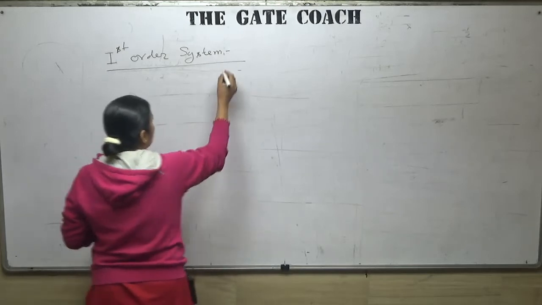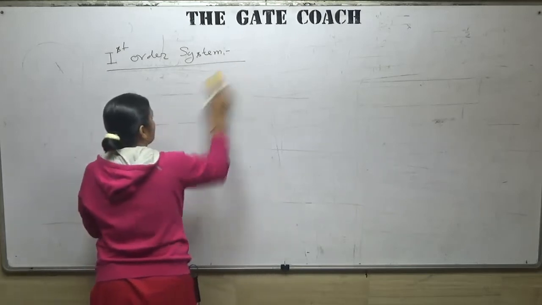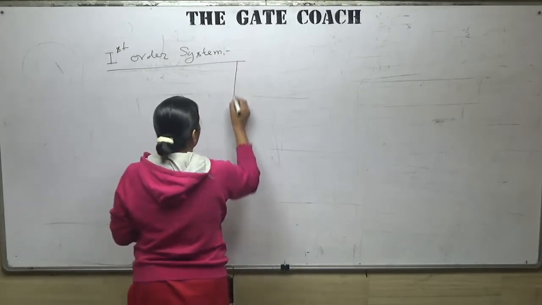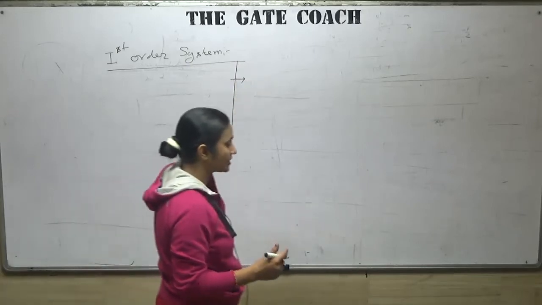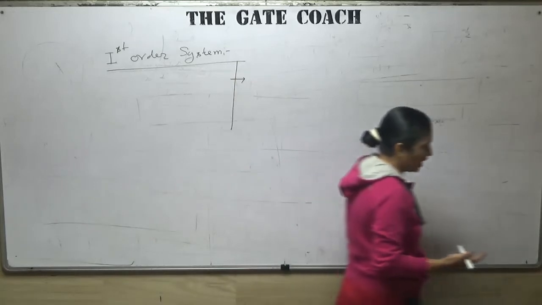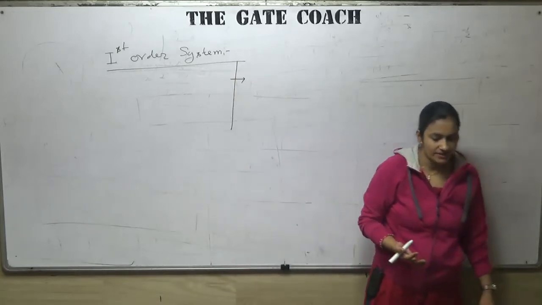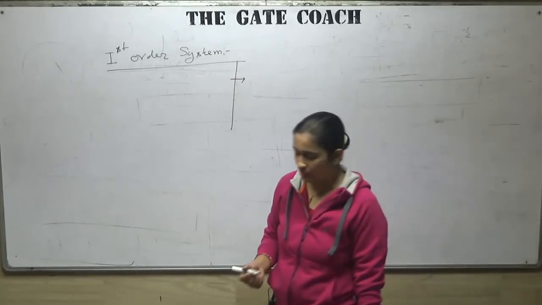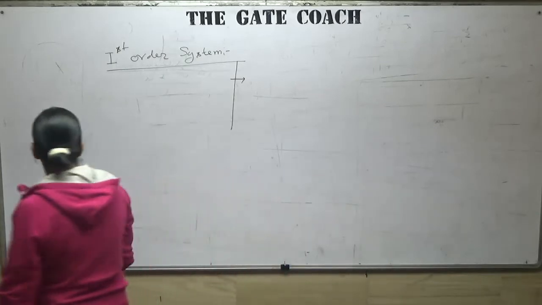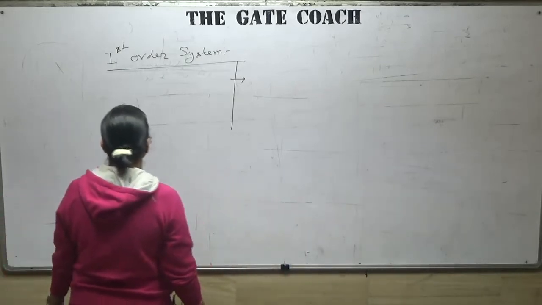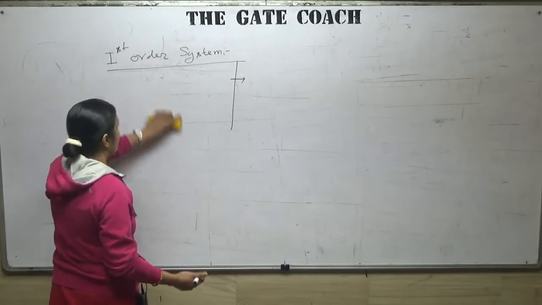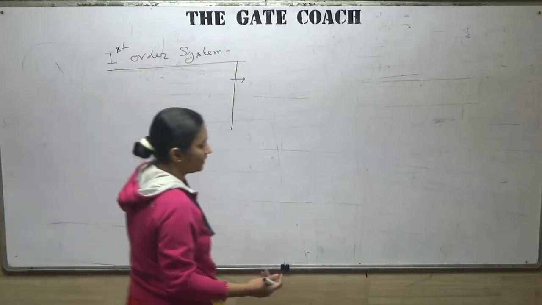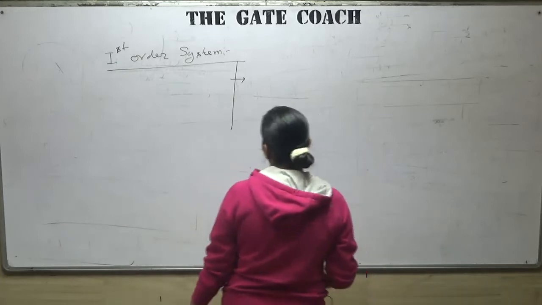We have done the derivations. We will discuss here only the transfer function and its response with respect to different forcing functions, and the equations that are used to solve the questions asked in the GATE examination. So we will discuss the important formulas, topics and a few questions based on that. If anyone has any doubt, you can ask. I will explain elaborately.